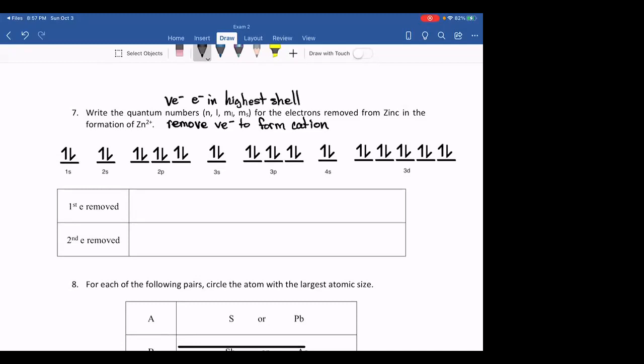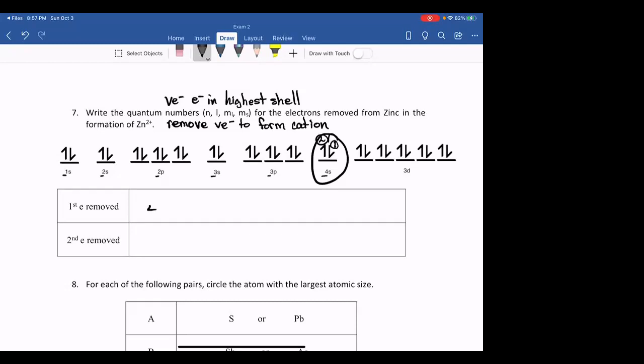The shell is represented by the numerical value preceding the letter, so I'm looking for the highest number. So that would be these. Now you always remove the down arrow, since it was the last one in, so it's the first one out. So this is number 1, and this would be number 2 that I would need to remove.